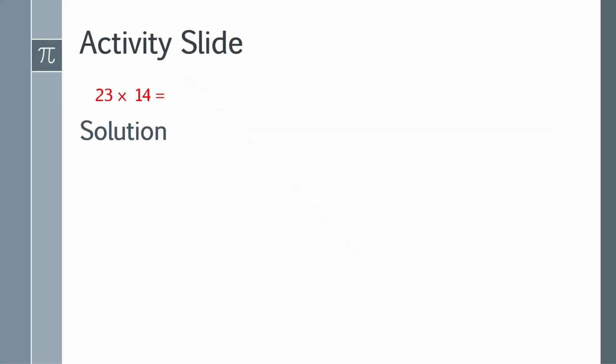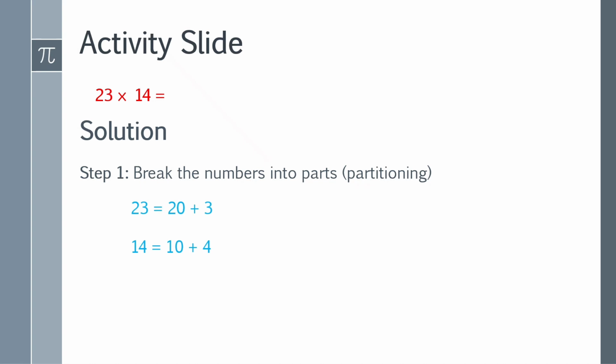Now it's your turn. Can you give the video a pause and try to work this? Yes, give it a go. Right, and come back to the video. Don't forget, the first thing you need to do, like we said, is break the numbers into parts, which is called partitioning.